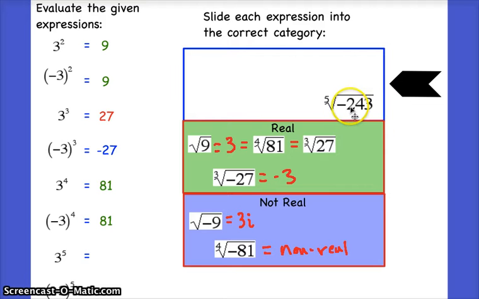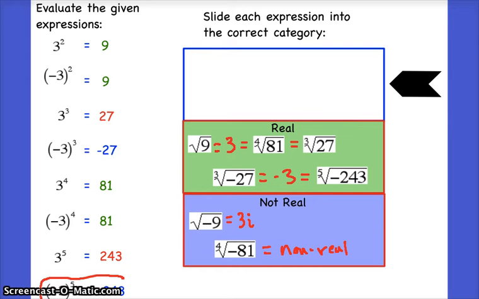So for a 5th root, again an odd root of a negative number, it'll still come up as a real number. And if you double check, 3 to the 5th is 243. So the 5th root of negative 243, such as down here, the 5th root on this side would cancel the 5th power over here on the left, and negative 3 is equal to the 5th root of negative 243.